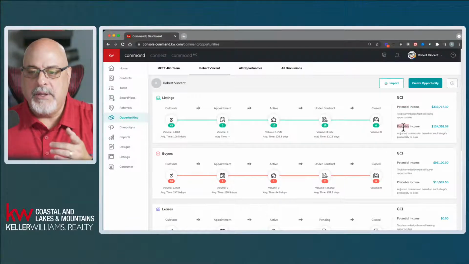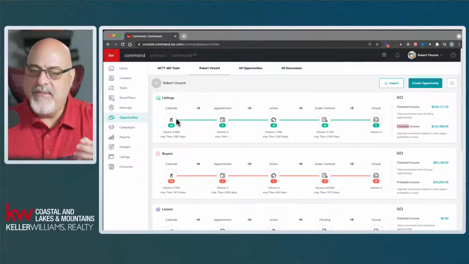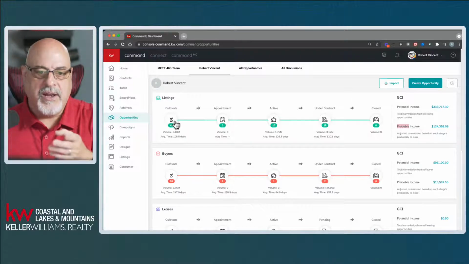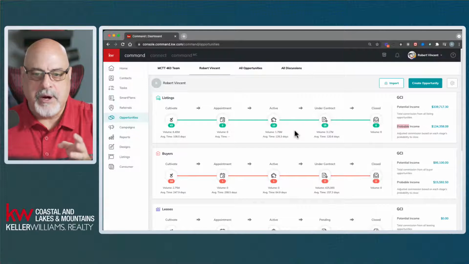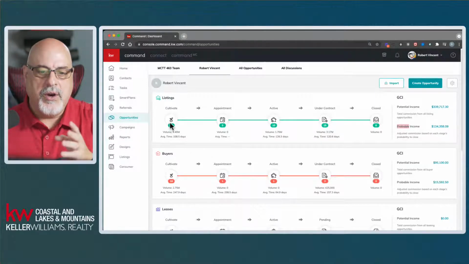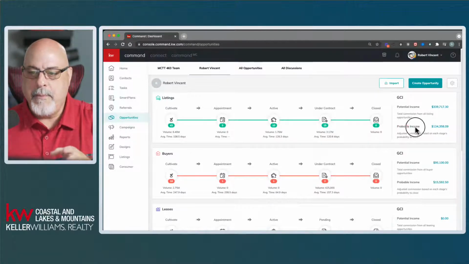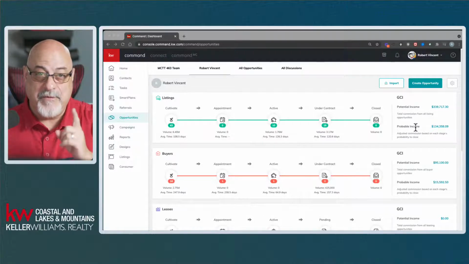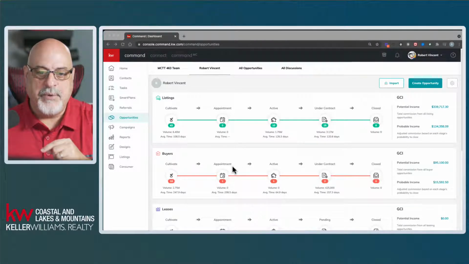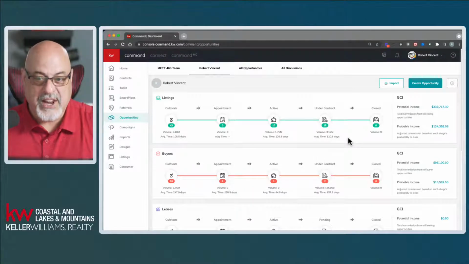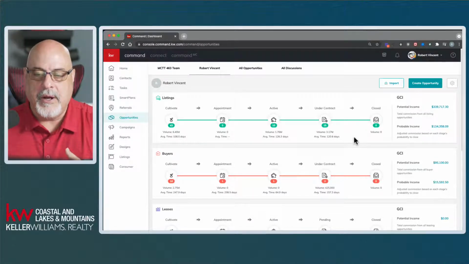The probable income is the percentages. If everything's sitting in 5% and you've got $2 million worth of property here, or $20 million worth of property, I should say, and you're sitting on all of it in the cultivate, the probability of that all coming through is 5%, showing you a 5% for your total amount of potential, probable income.